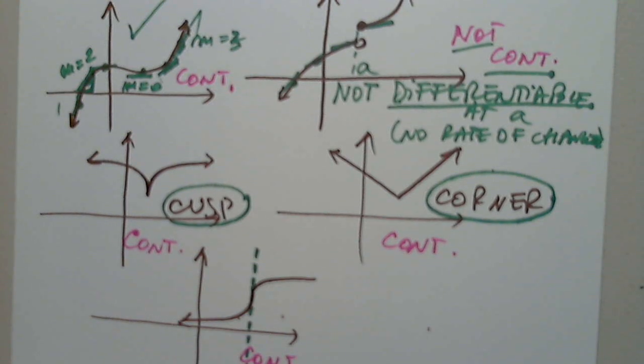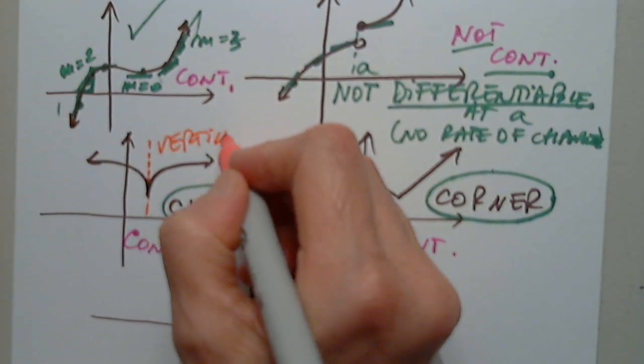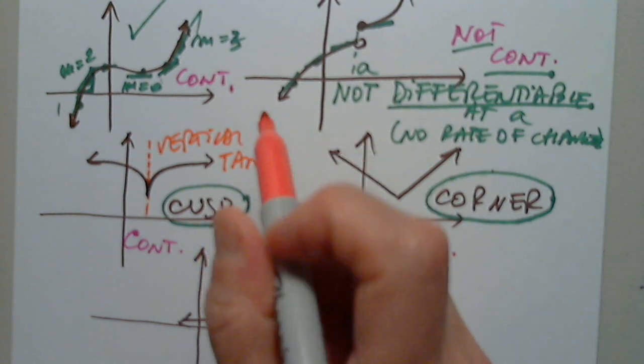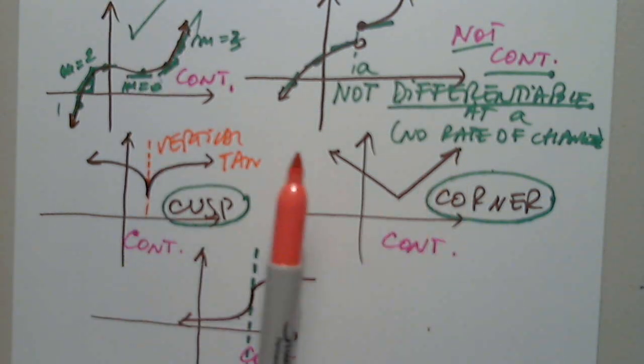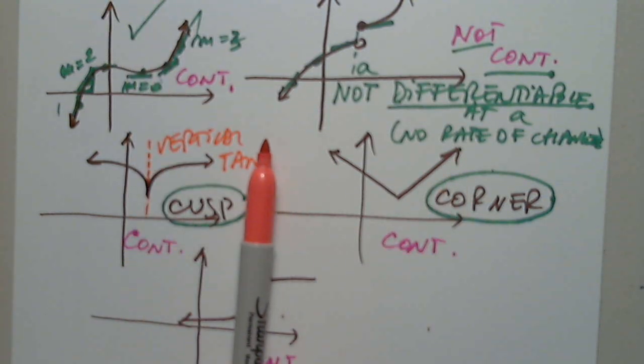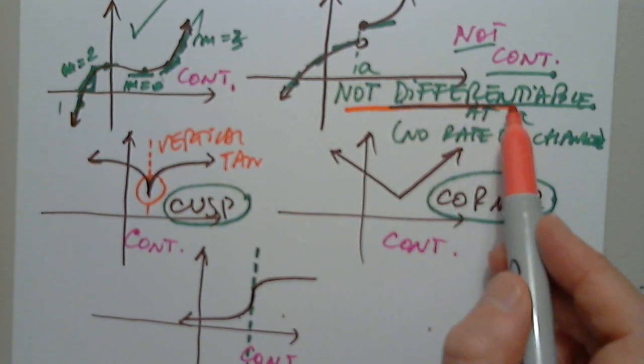So again, this repeats in the other 3 situations. So here, it's a vertical tangent. And we know that the vertical tangent has no slope. It's undefined. So at this point, the function is not differentiable.